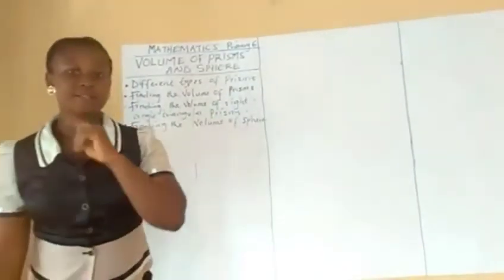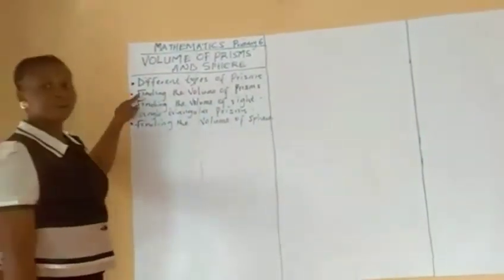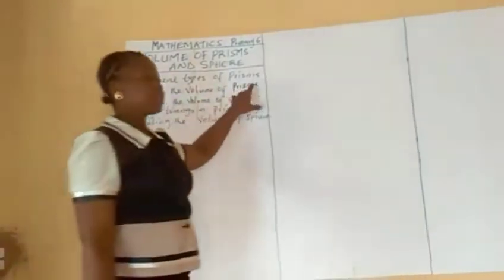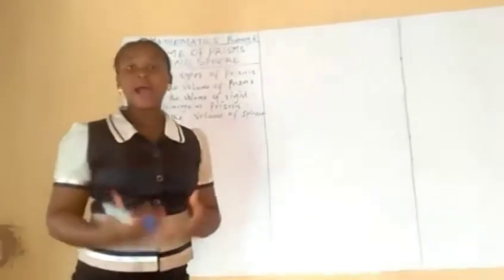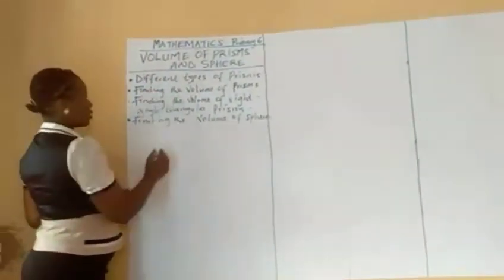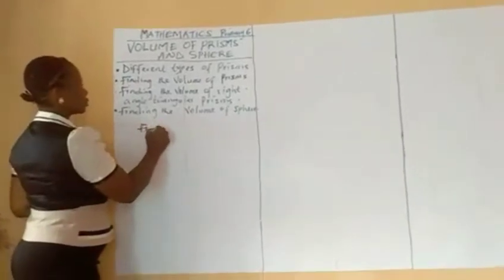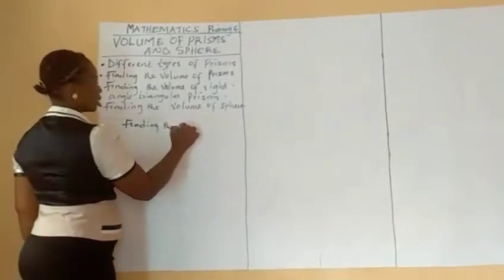We are going to see that in the formulas. That leads us to number 2, finding the volume of prisms. All these different types of prisms have their own formulas. So we are going to start with finding the volume of prisms.